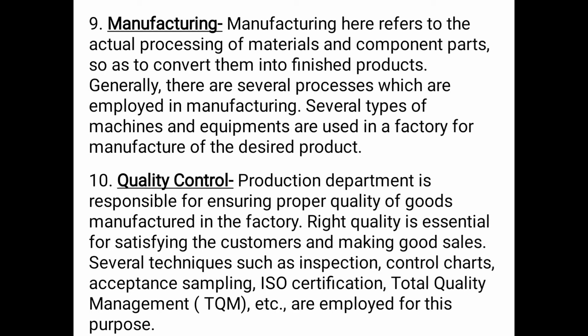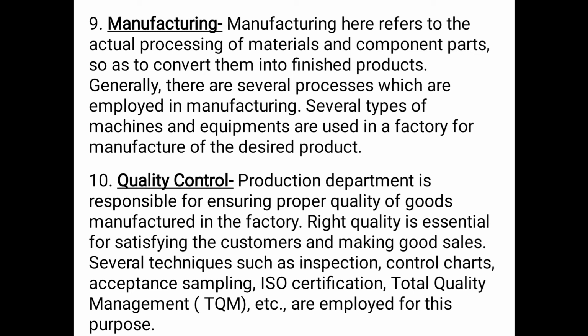Another function of production department is manufacturing. Manufacturing here refers to the actual processing of materials and component parts so as to convert them into finished products. So in this function, the production department undertakes the practical process of producing the goods or the products and services.